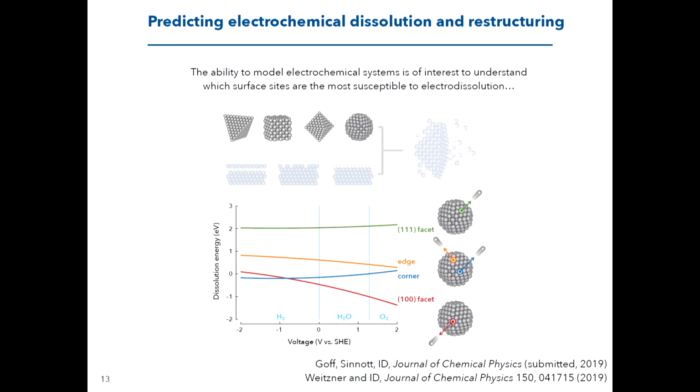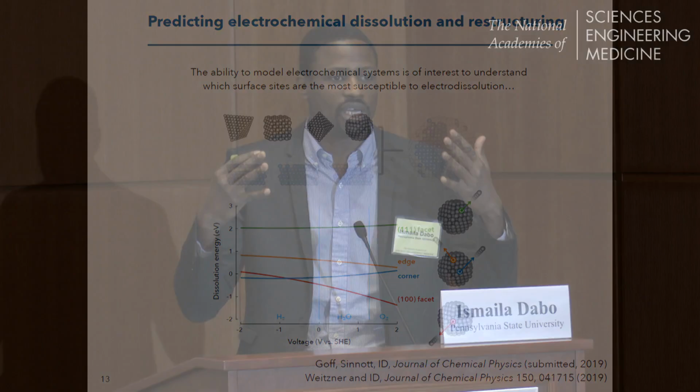You can see here this crossing that is induced by the interaction of the surface dipole with the voltage that essentially leads to the preferential dissolution of the metal on the (1,0,0) facet, as opposed to the corner site that should be less coordinated and that you would think will try to dissolve first. But because of the interaction of the solvent in that electrical double layer, you have a preferential dissolution that does not follow the coordination trend.